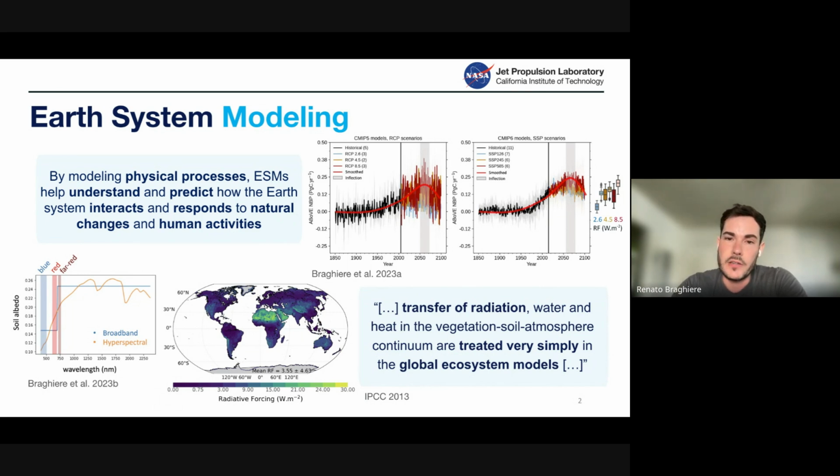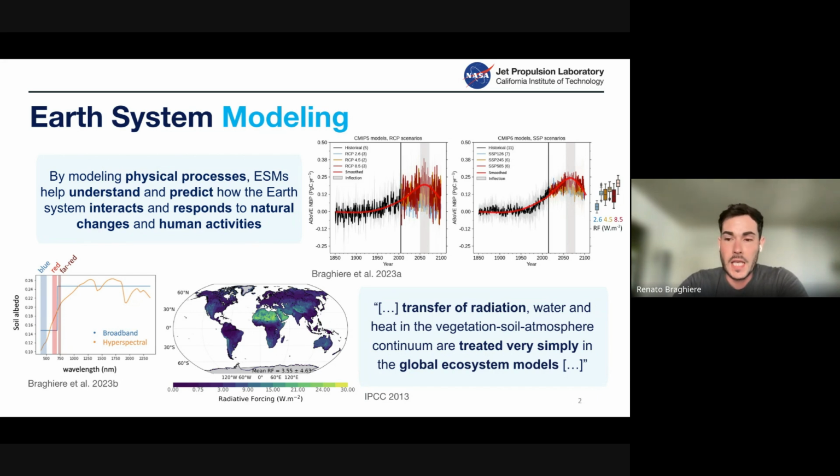We know that across scenarios and across models, we have a lot of variability. It's optimistic to see that the spread across models in the future is reducing from one version of CMIP to the next, not necessarily for the right reasons, but we see that the spread of models is decreasing and they are converging.